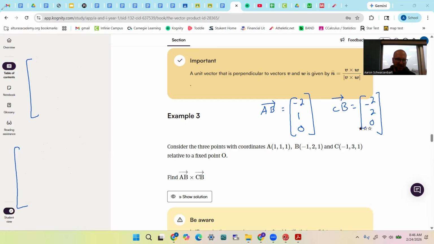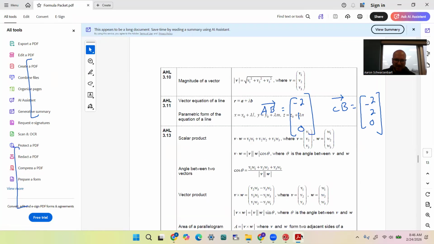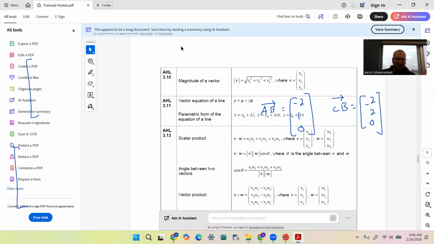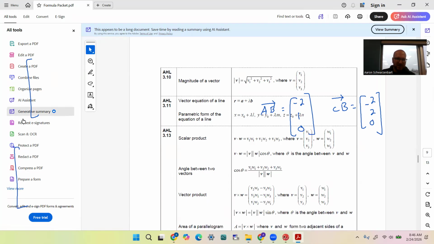And I need to look up my formula again because I erased it. V2W3, V3W2. Okay, there is a logic to this formula.